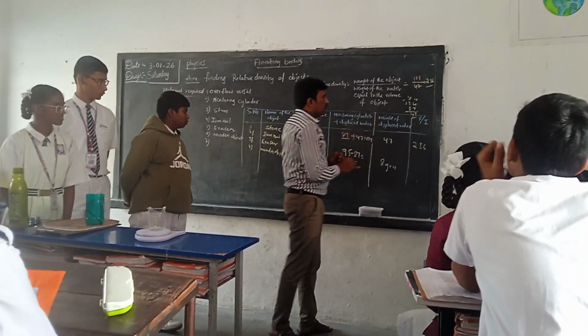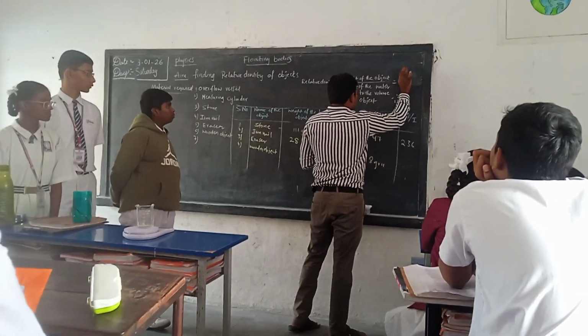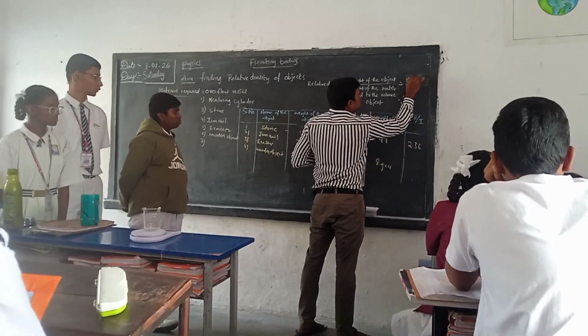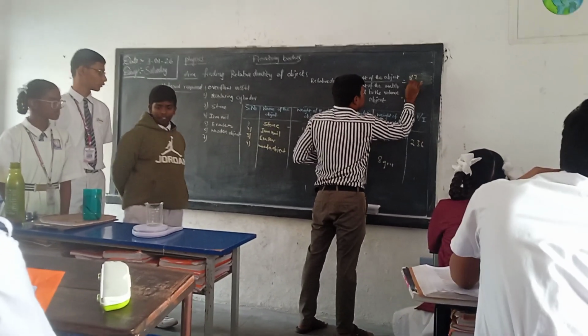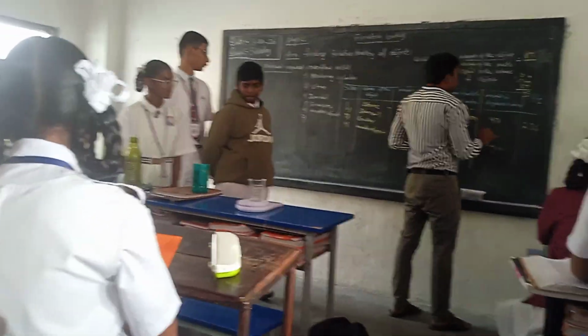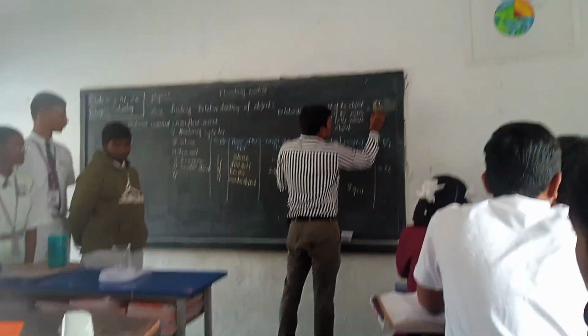Now substitute this value. The weight of the displaced water is equal to the volume of the object.